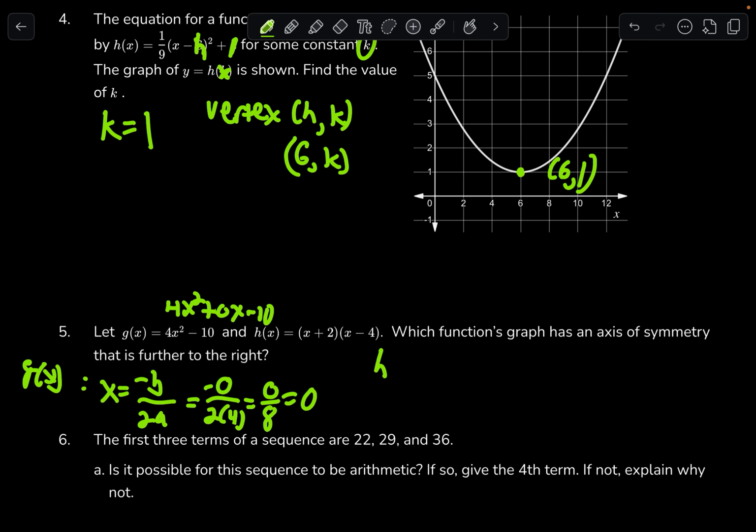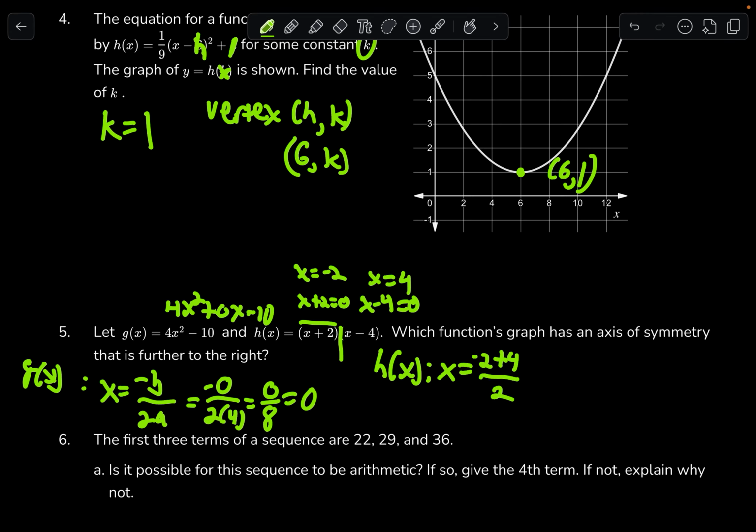For h of x, we're going to have to find the zeros. Well, the zeros are what makes the two factors 0. So we set x plus 2 equal to 0 and x minus 4 equal to 0. x equals negative 2 and x equals 4. So the axis of symmetry for this is going to be x equals the average, negative 2 plus 4 divided by 2. That's going to be 2 divided by 2, which is 1.